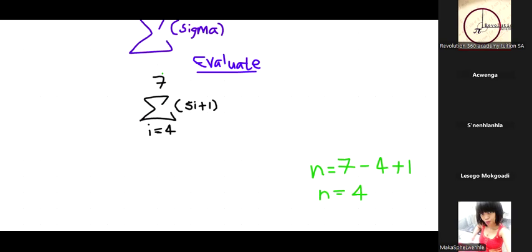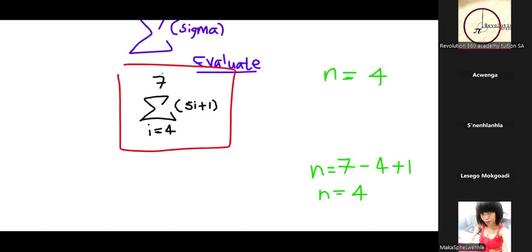Yes, it's 4. So our number of terms for that sigma is 4. So when they give you the sigma notation sign, you are able to get the number of terms based on the formula: number at the top minus number at the bottom, you always add 1.